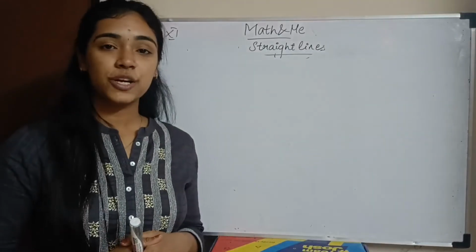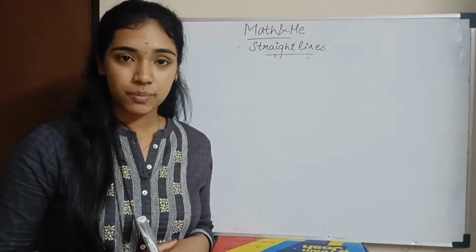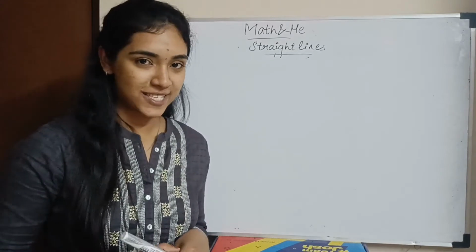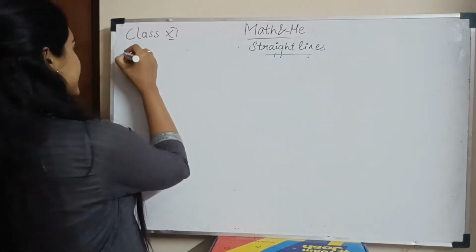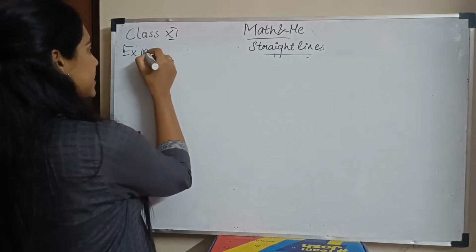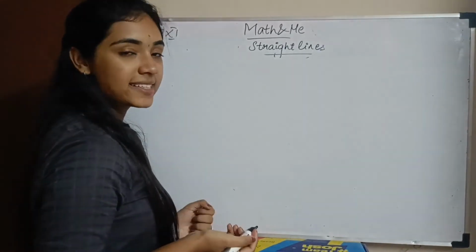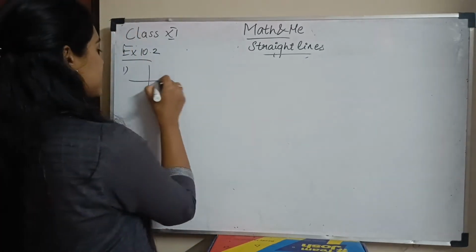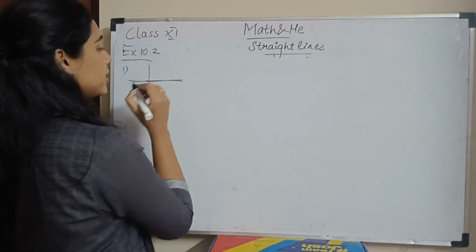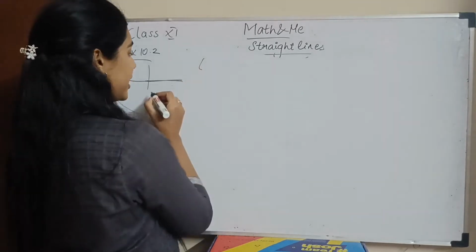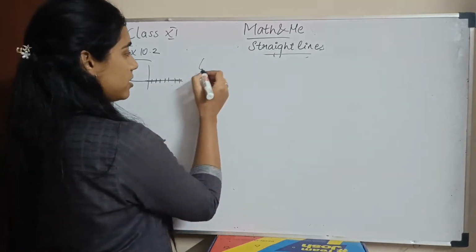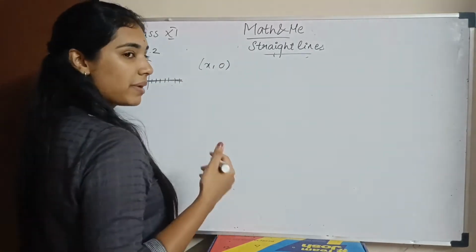So today in this video we are going to solve questions from exercise 10.2. So let's start. Exercise 10.2, question number 1. Write the equation for the x and the y axis. So what is the coordinate in the x axis? The value of x keeps changing but the value of y remains 0.